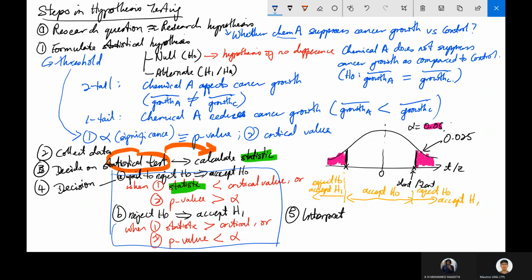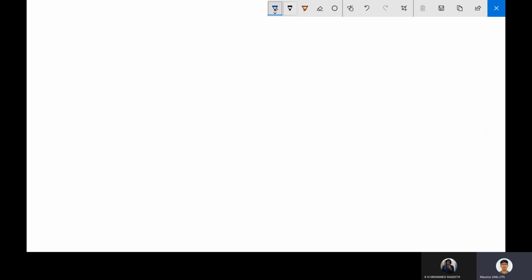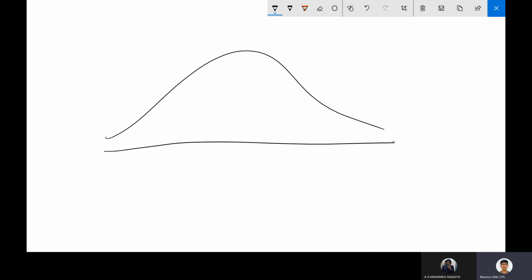So how does it look? Let's say you have a graph. It doesn't matter whether this is a t-axis or z-axis. This is 0, and our shaded region is here.